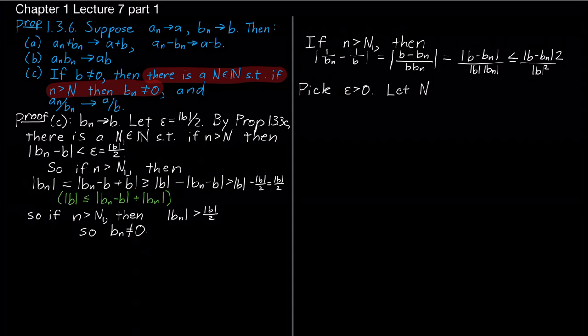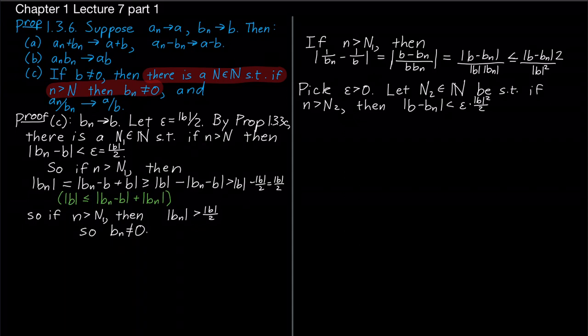Let N2 be a natural number such that if n is bigger than N2, then the absolute value of B minus Bn is less than, let's say, epsilon times the absolute value of B squared over 2.